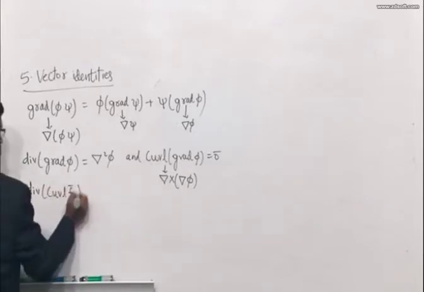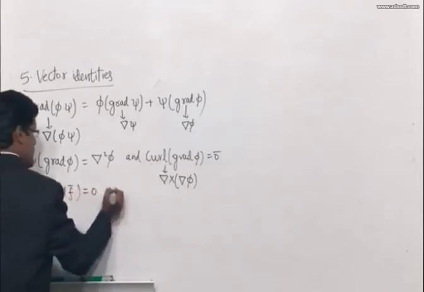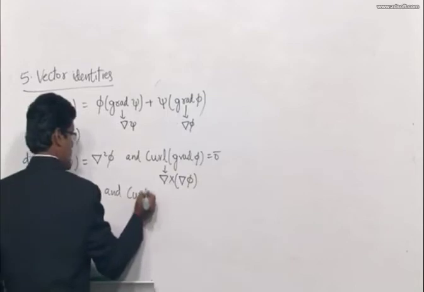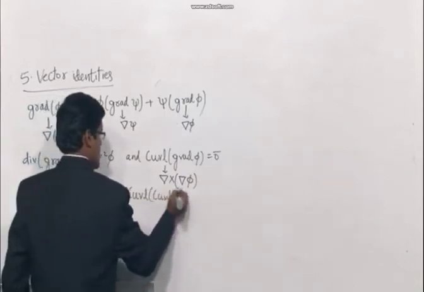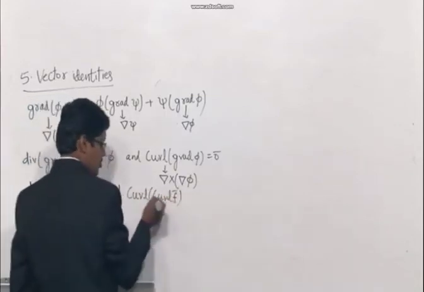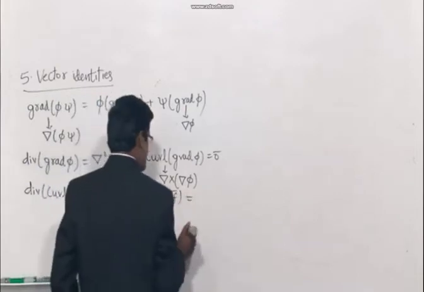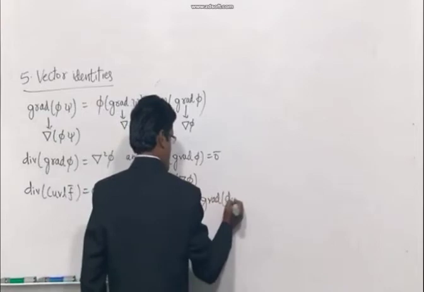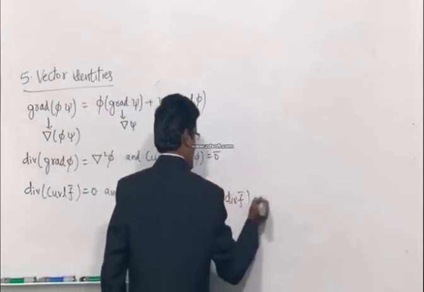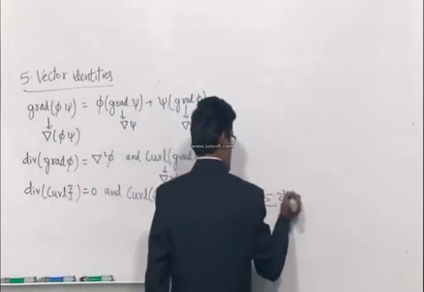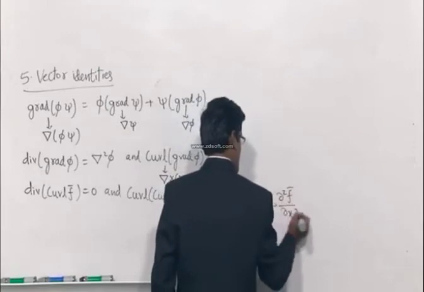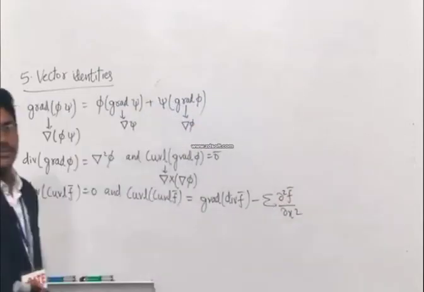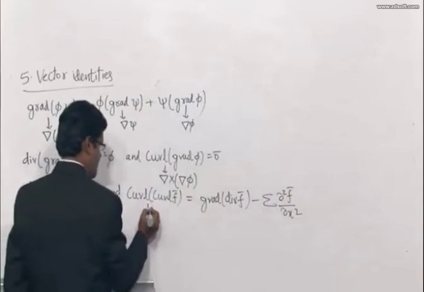Div curl f bar is equal to 0, and curl curl f bar is equal to grad div f bar minus sigma dou square f bar by dou x square. This was given in 2008 or 2010, I don't remember exactly. What is the operator form?